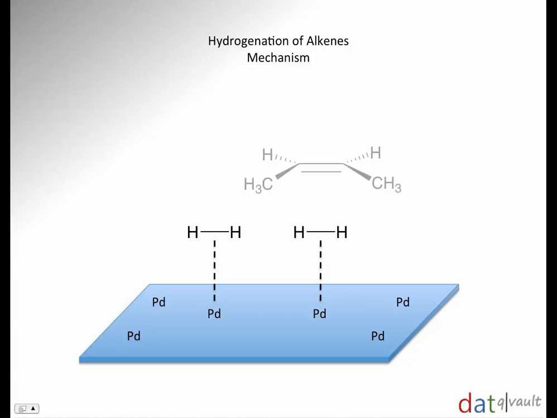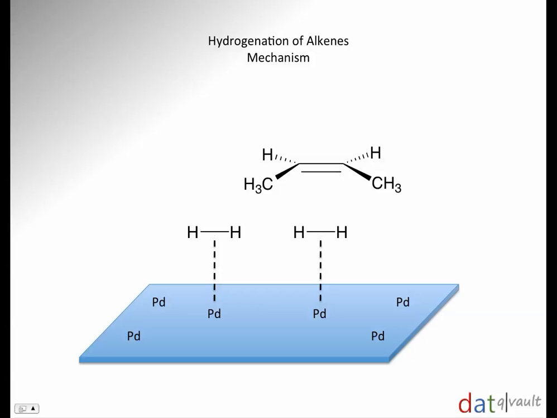Once this happens, then our molecule that contains an alkene is going to come into close proximity with this H2 molecule that has now been, I guess, kind of activated by palladium.